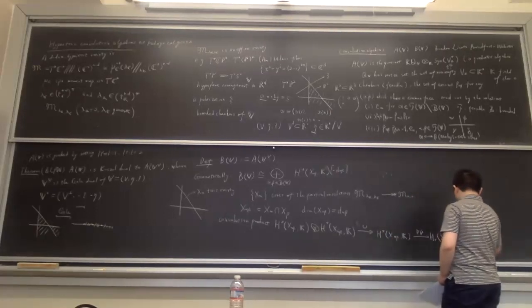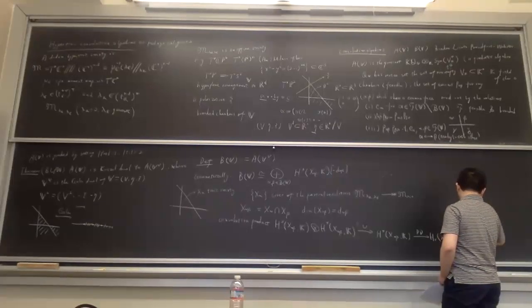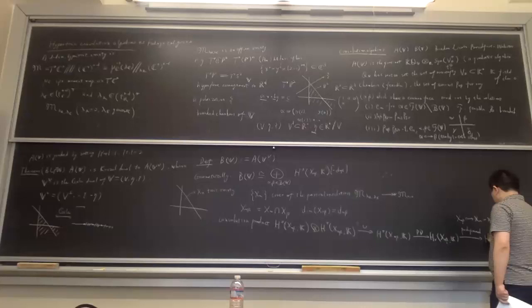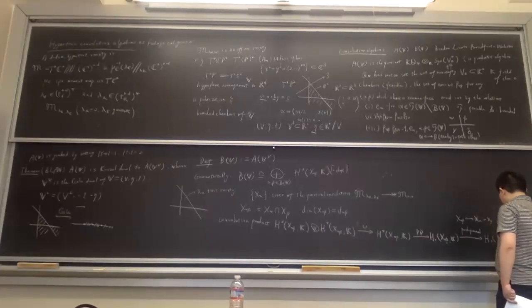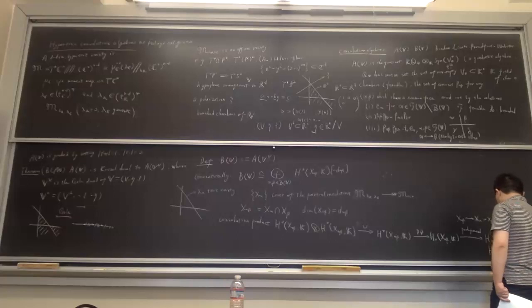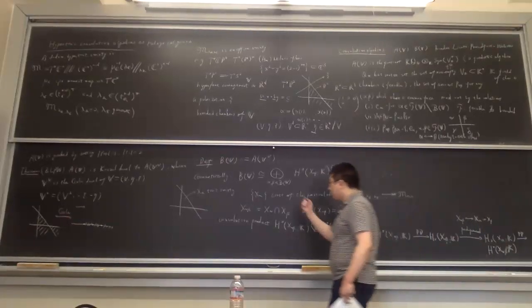And you do a push forward on homology associated to the inclusion X alpha beta to X alpha or X beta. You will get some class inside X alpha or X beta. And you do Poincare duality again. So you will get a class inside the cohomology of X alpha or X beta. So this is a product on this algebra.